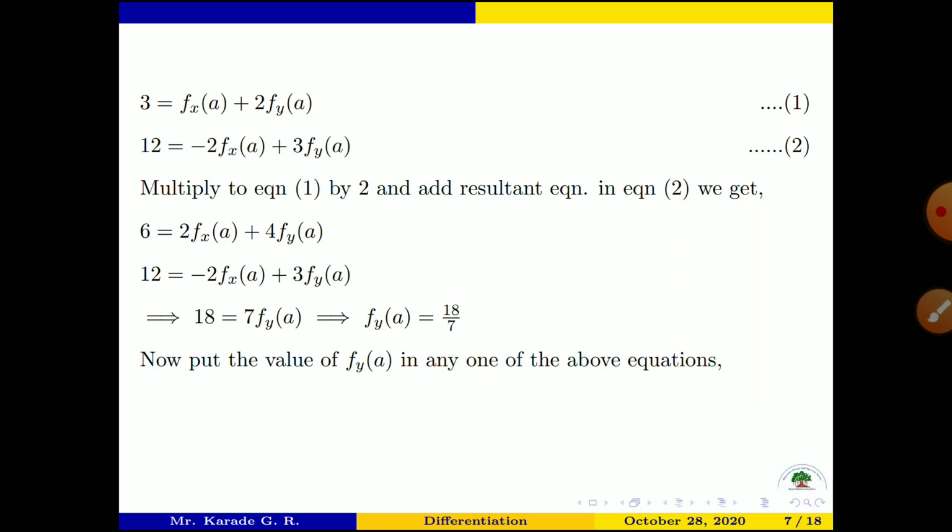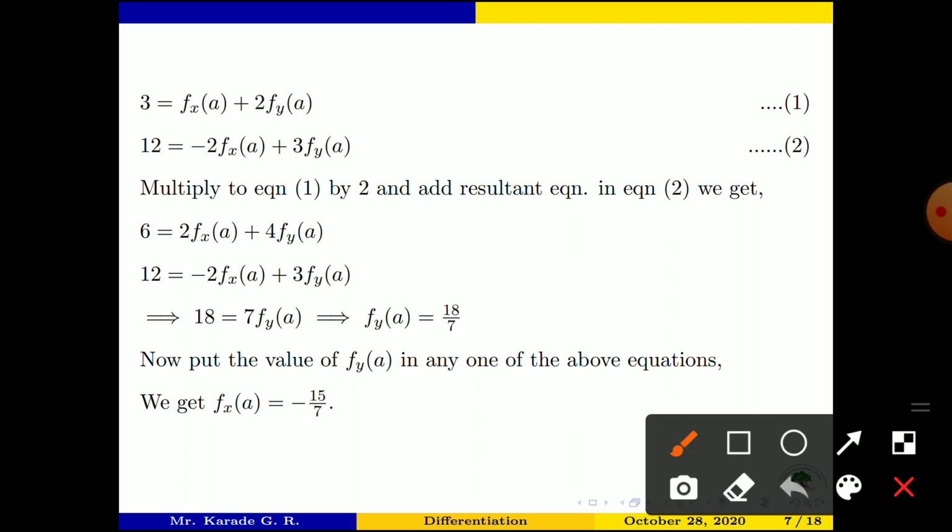Now put the value of fy at a in any one of the above equations. So we get fx at a is equal to minus 15 upon 7. Thus we have the values of partial derivatives at point A. So these are the two values of partial derivatives.